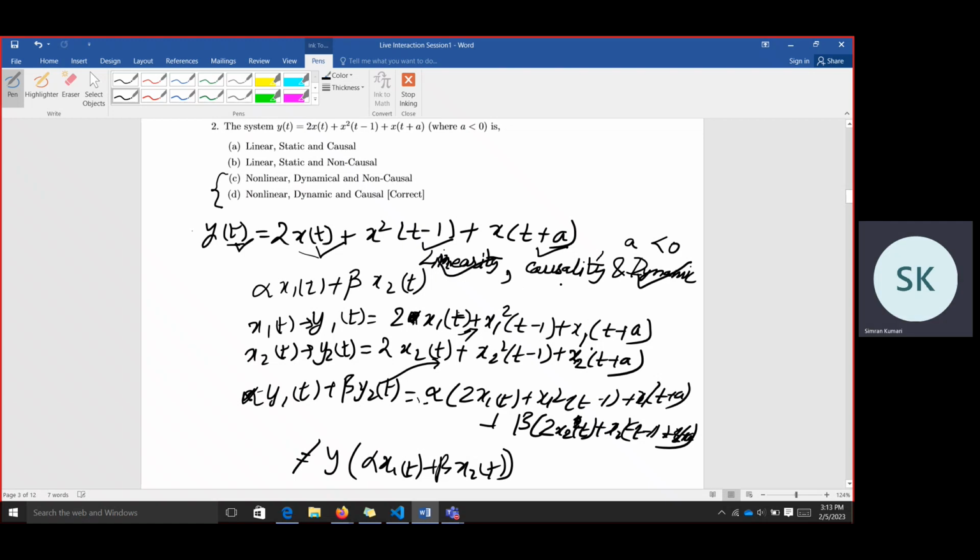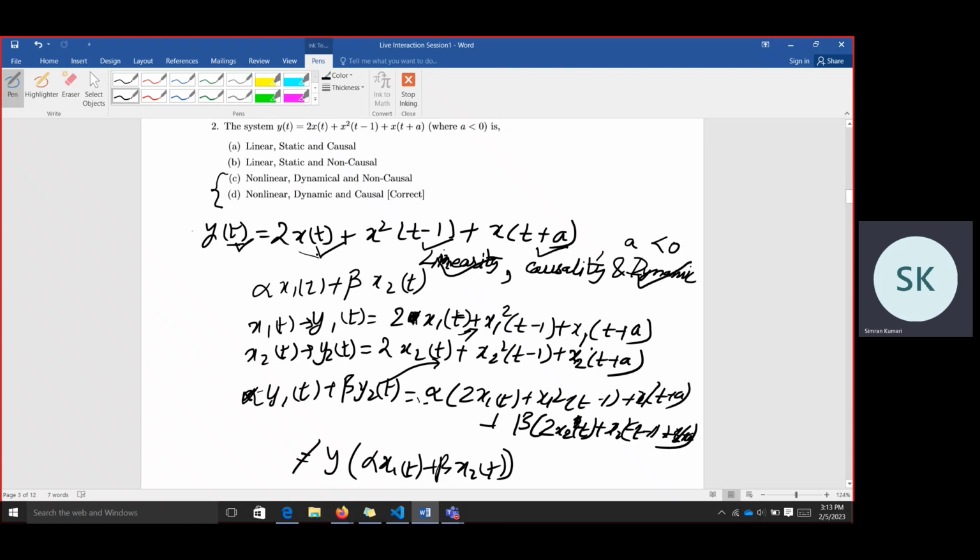And now regarding causality, when do we term a system causal? When the output at the time instant t depends on the input at the present time t and the past time.